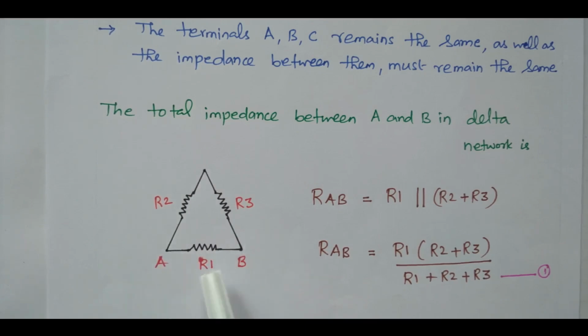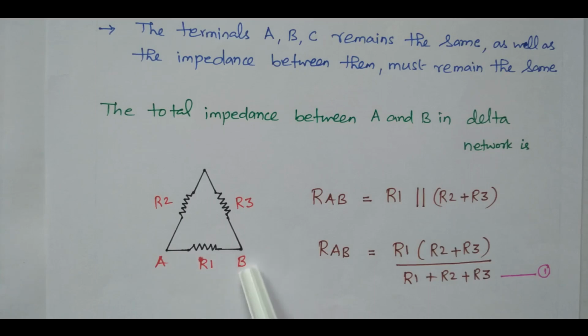In between A and B, R1 is connected. On the other path, R2 and R3 are also connected. These R2 and R3 are in series, because C is not considered; we consider only AB. So these two become a series combination, R2 plus R3, which is in parallel with R1. Right.